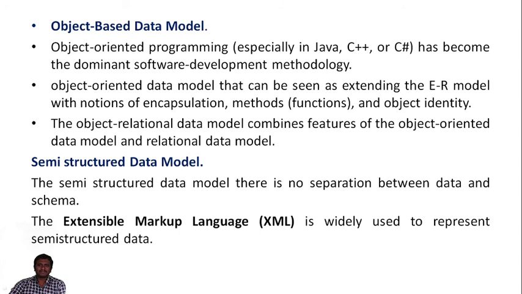The object relational data model combines the features of the object-oriented data model and the relational data model. Examples of the object-based data model are the use case diagram and class diagram.